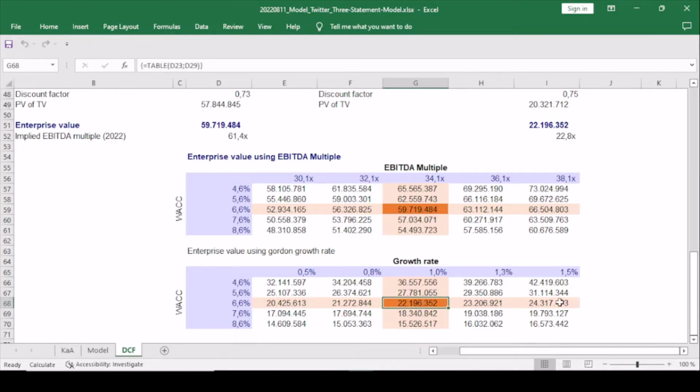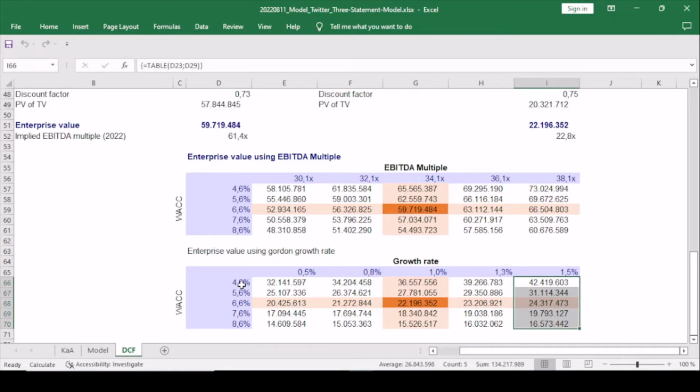So growth rate plays an important role in defining terminal value and hence enterprise value. The same applies for WACC. Therefore, the respective valuation results are typically shown in a range when you look at valuation presentations in the professional world. And this illustrates the implications of changes in underlying parameters.